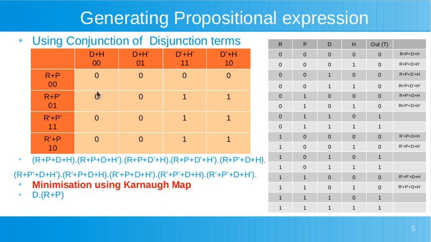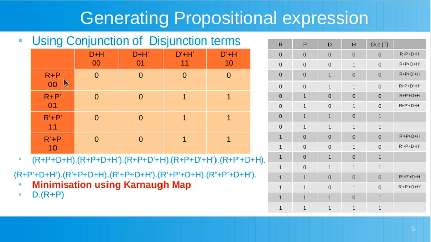In the 16 cells we have to put R plus P plus D plus H 0, R plus P plus D plus H bar 0, R plus P plus D bar plus H bar 0, R plus P bar plus D plus H, R plus P bar plus D plus H bar, R bar plus P plus D plus H, R bar plus P plus D plus H bar, R bar plus P bar plus D plus H, R bar plus P bar plus D bar plus H bar.